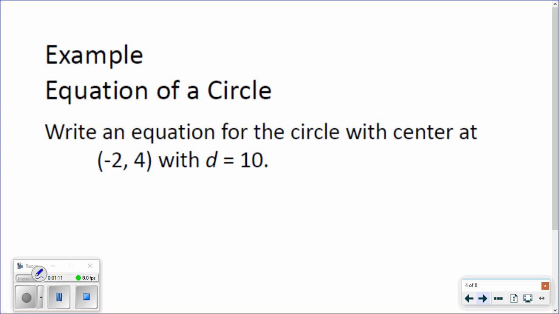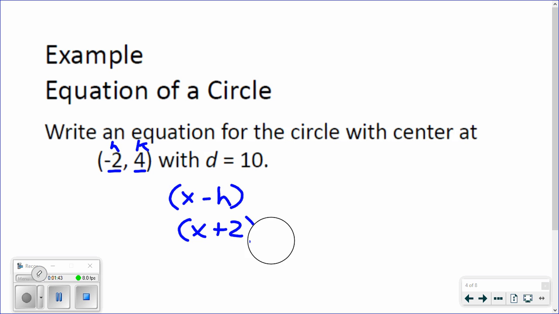The first one: we want to write the equation of a circle whose center is at negative 2, 4. Remember, this is h and this is k. A good way to remember is that if you plug this in inside the parentheses, the negative 2 would have to make it 0. If I put negative 2 in for x, it would have to be x plus 2.